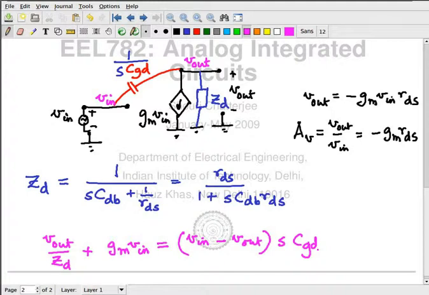I have basically done Kirchhoff's law at the output node.